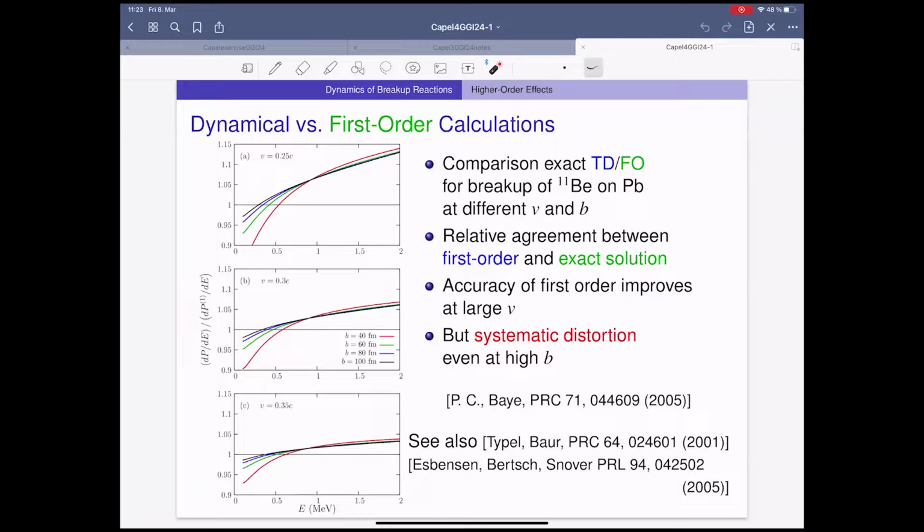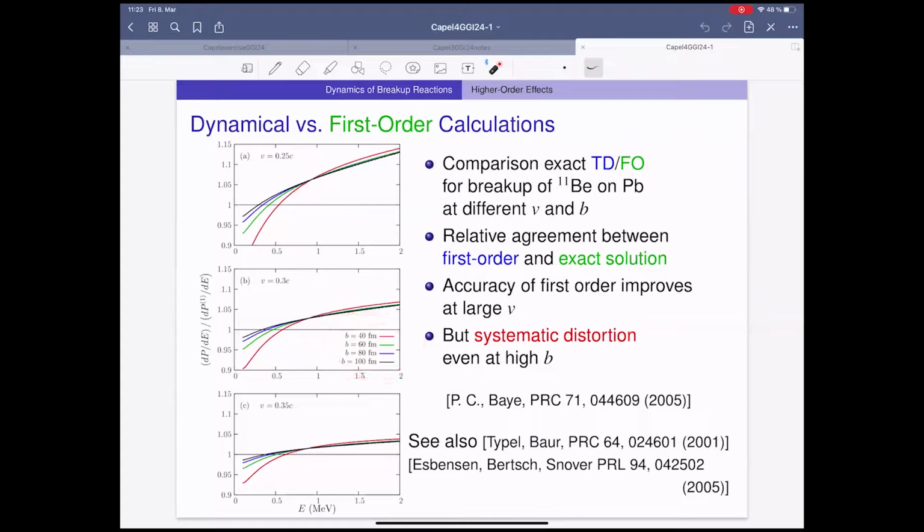So we've not looked at the whole cross section, but we first focus on a particular trajectory, so impact parameter per impact parameter, and we've looked at different velocities. So a quarter of the speed of light, about 30% of the speed of light, and about a third of the speed of light. And the different colors correspond to different impact parameters.